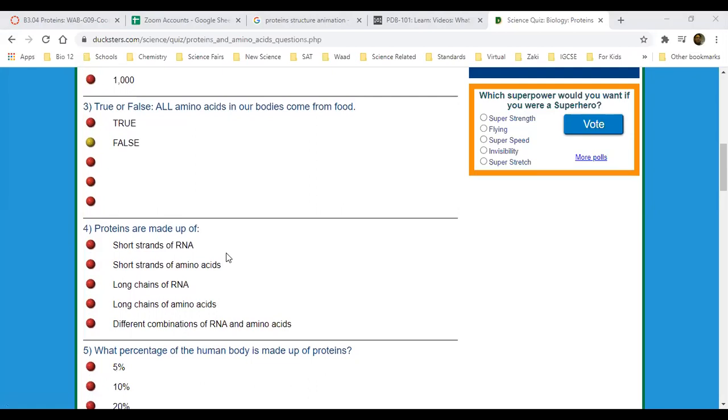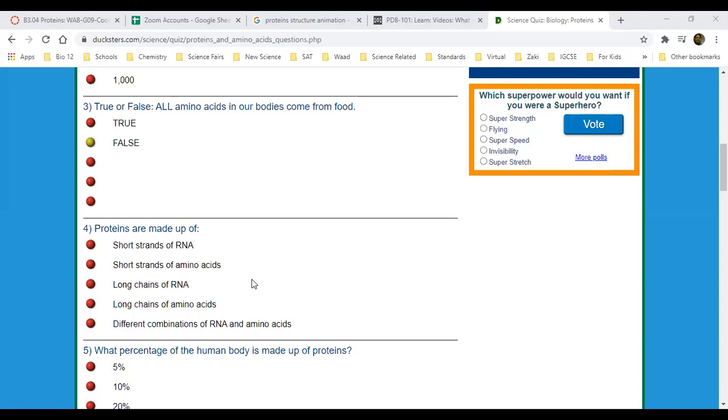Okay, so let's go to question number 4. Hamza Bukhari, you have the mic. Hamza, are you with us? Yeah, I'm with you. Good. Oh, you want me to read it? Yes, please. Proteins are made out of long chains of. Would you like to read the options as well?